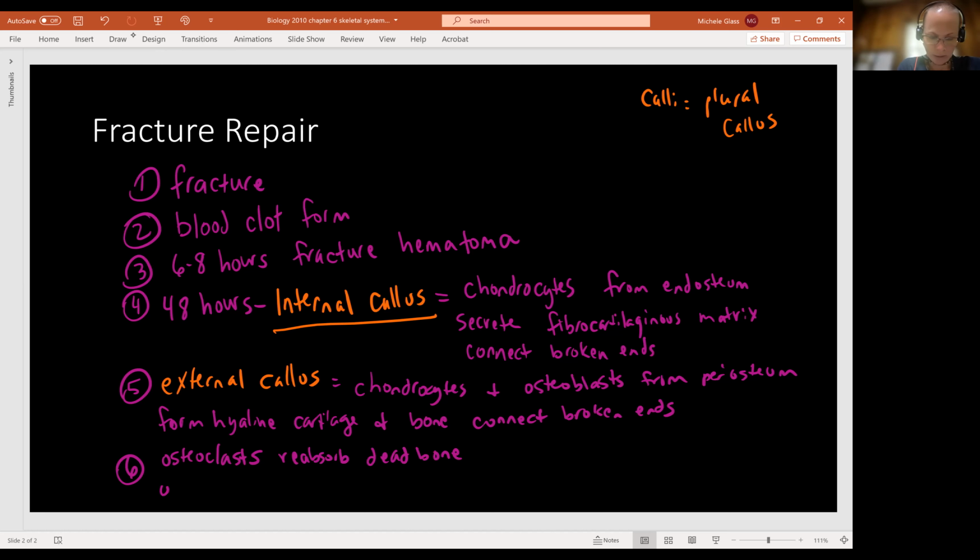We're going to have cartilage from the calli, remember, plural form for callus, replaced by spongy bone.